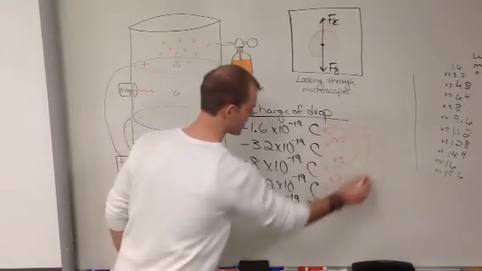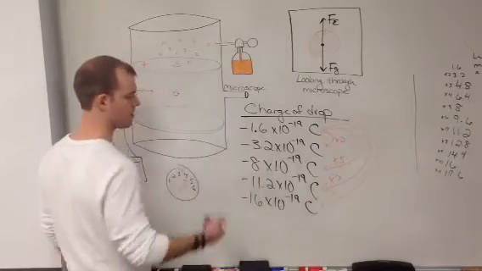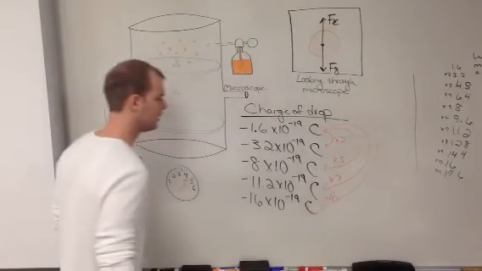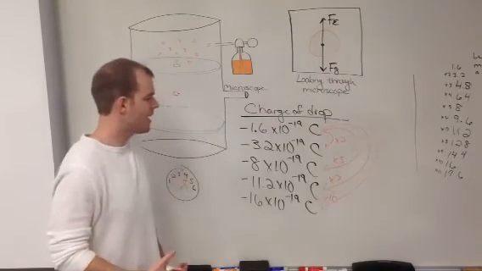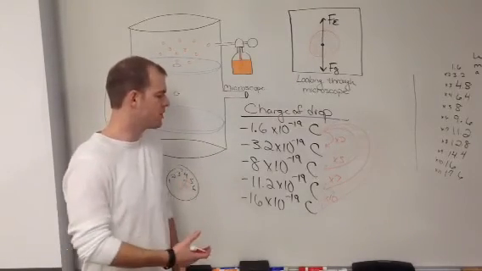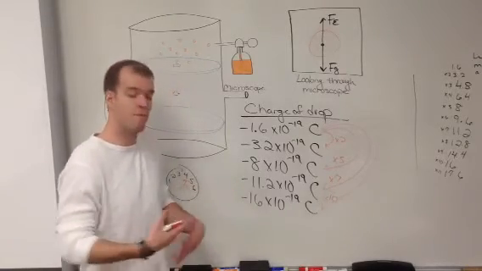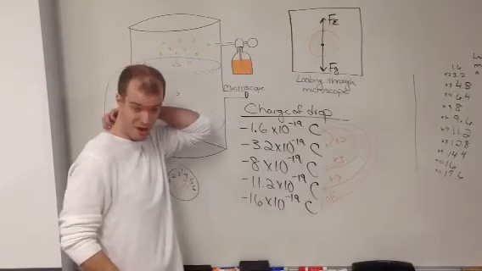And then finally, if I take this number right here and divide it by the smallest number, I realize that it's 10 times as big. Okay, what are the chances that it's just coincidentally these whole number ratios? That's too much of a coincidence. Nature has to be saying something fundamental about the charge of a single electron.